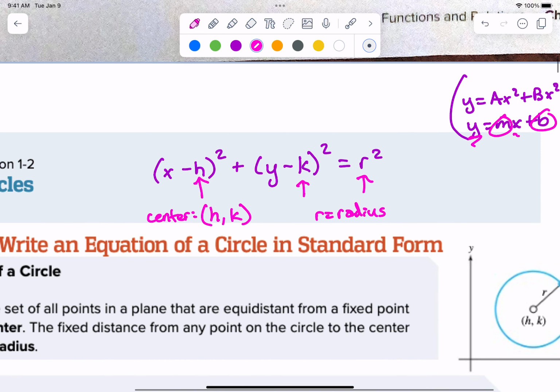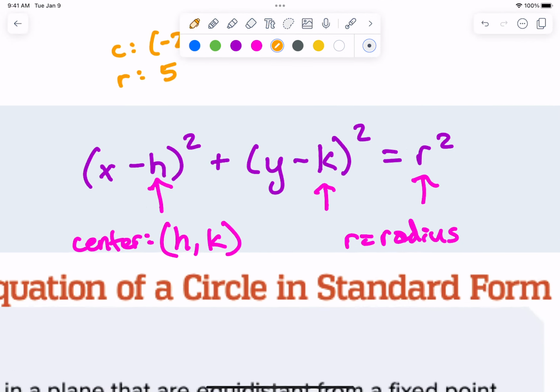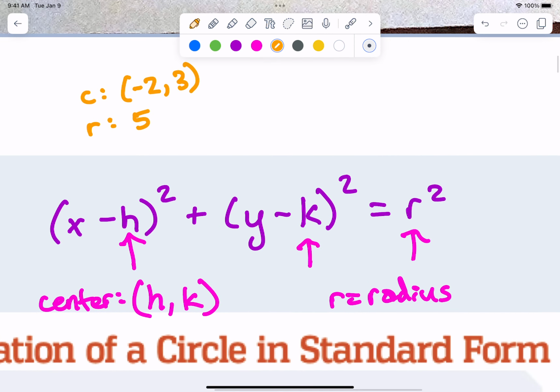Now, you have to be careful because you have a minus here and you have a minus here. So that means if my center is at, let's say, -2, 3, and the radius is 5, let's write out what that looks like. This is just an example.